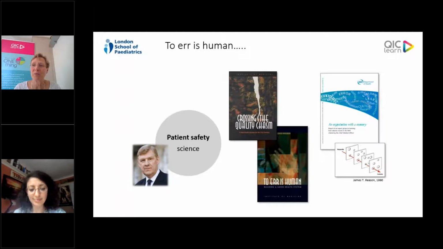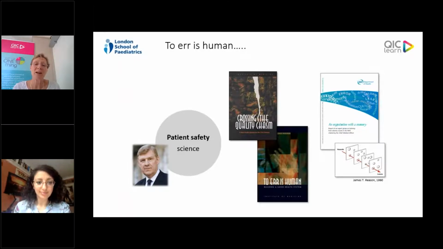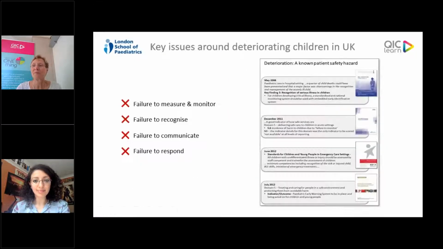And in America, they produced these two publications you can see in the middle, and we had Organisation with a Memory, or OWAM as it's sometimes referred to. In this publication, that was probably our first introduction to the Swiss cheese model, which I'm guessing most of you may be familiar with. Would that be fair to say? That was James Reason's model.